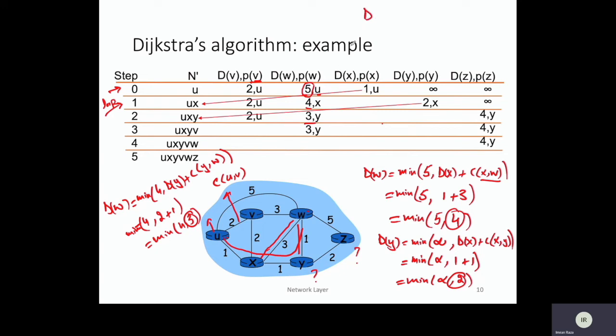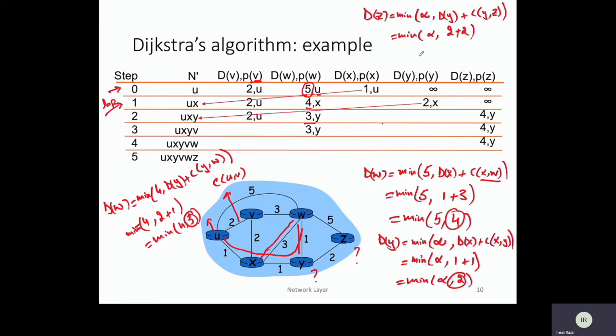The cost to reach node Z is either the minimum of the previous cost, which is infinity, or the cost to reach the newly added node, which is D(Y), plus the cost to reach from the newly added node to the destination under consideration, which is Z. So it's the minimum of either infinity or the cost to reach Y, which we know is 2, plus the cost from Y to Z, being a direct neighbor of Y, which is 2.